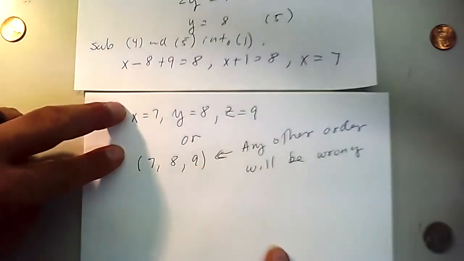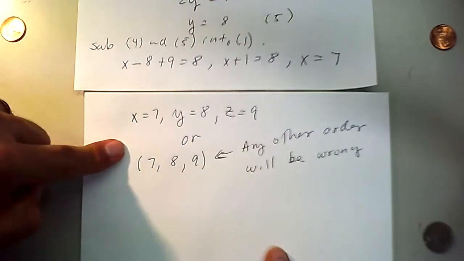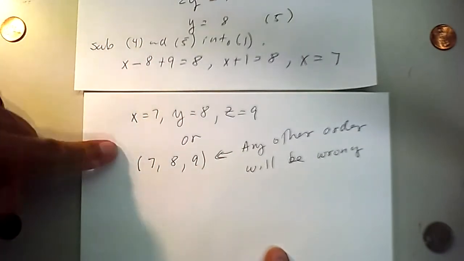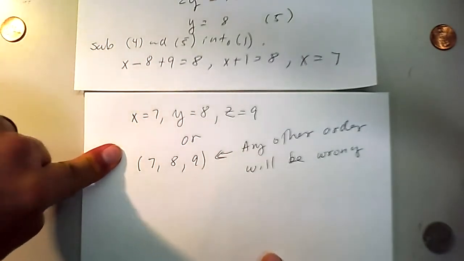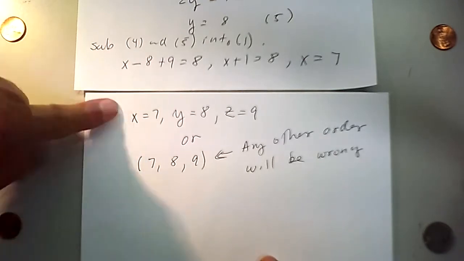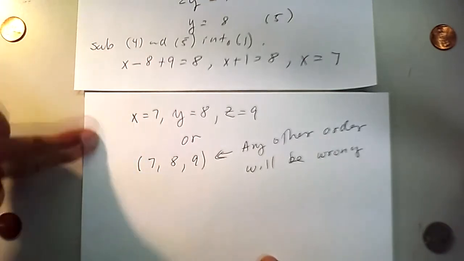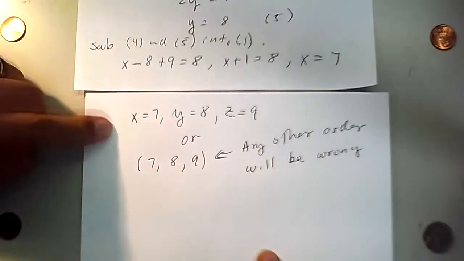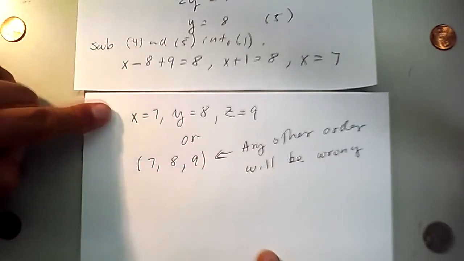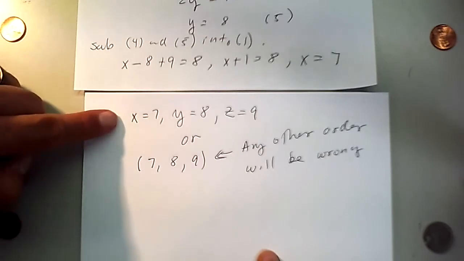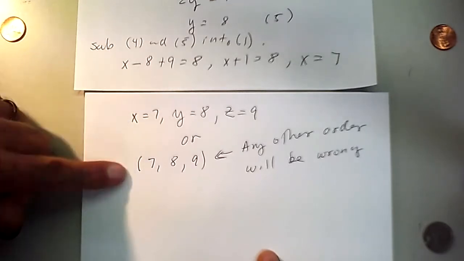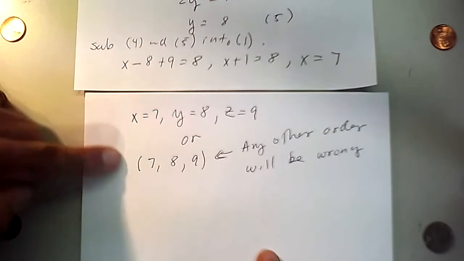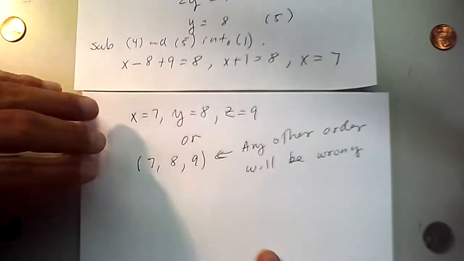Get used to both notations. Some teachers prefer this one, some teachers prefer that one. I am more liberal, and remember, by liberal, I don't mean as in political. Well, not necessarily. What I meant is, I don't mean politically. What I mean is, it doesn't matter to me which way you do it, but some teachers do care a lot.